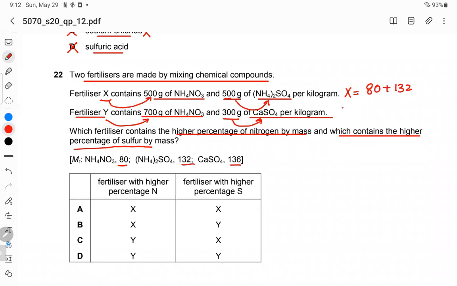And here for Y, it will be 132 plus 136. Is it understandable to everyone? It's 212. And here what we will get is 268. Is this point clear so far? Yes, sir.